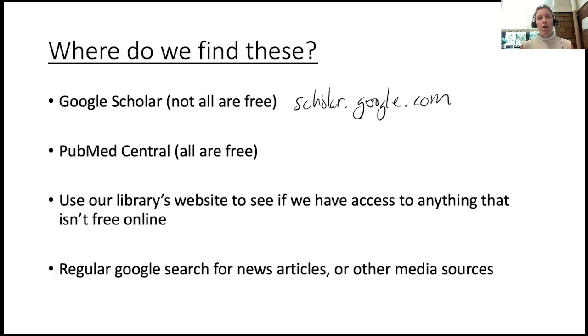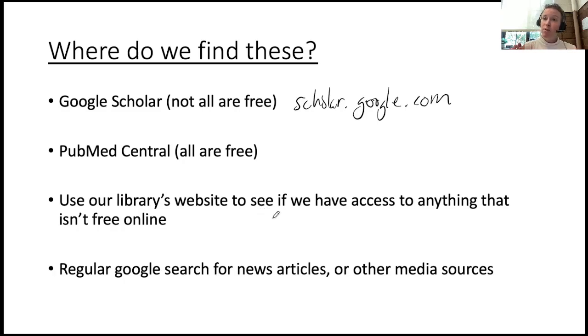Another good source of human medically related articles is PubMed Central. All of the articles on PubMed Central are free. If you type PubMed Central into Google, it'll be the first thing to pop up for sure. For any articles that you want to use, but they are not free, please feel free to use our library's website or talk to a librarian.